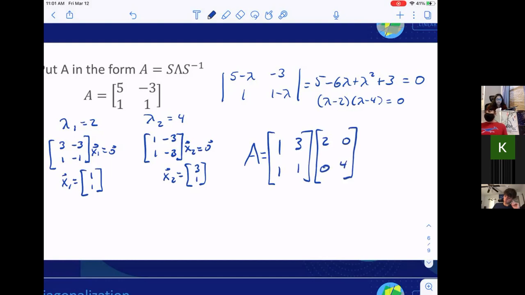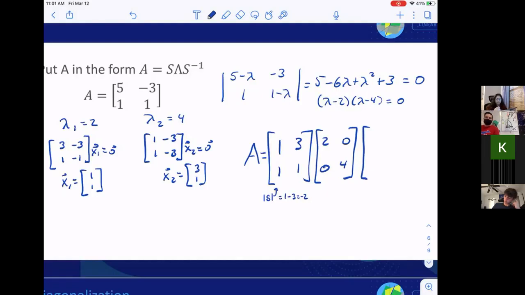My third one, again, if it was a large matrix, this would be the one that's the most work. I need the determinant of S, which is this one here, because I'm going to have to find the inverse. So the determinant is 1 minus 3, which is -2. And so then I want the inverse as my third matrix of that first one.